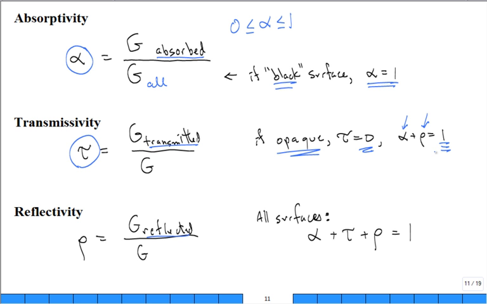Those two, the absorptivity and the reflectivity, add up to 100%. Well, what's the reflectivity? Well, the amount that's reflected divided by all. All right. So in all surfaces, not just opaque, the sum of these three is equal to 100%. So we have these three properties: absorptivity, transmissivity, and reflectivity.